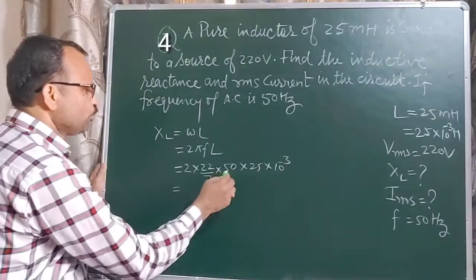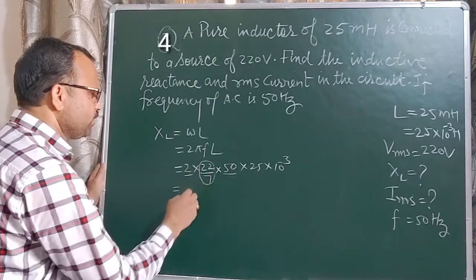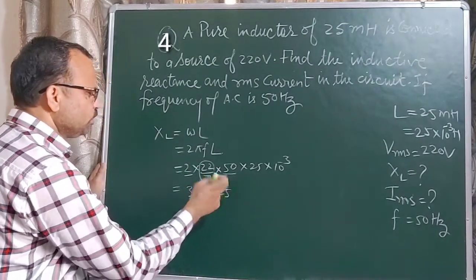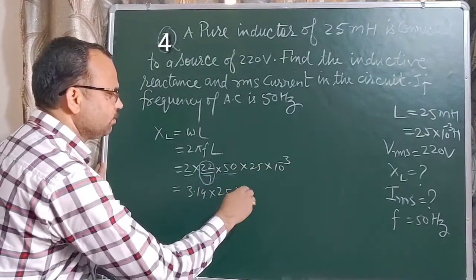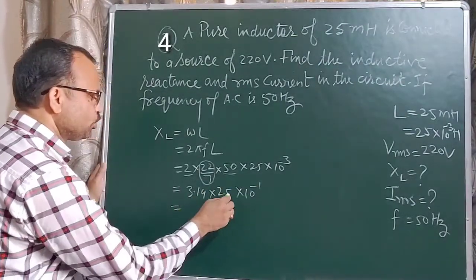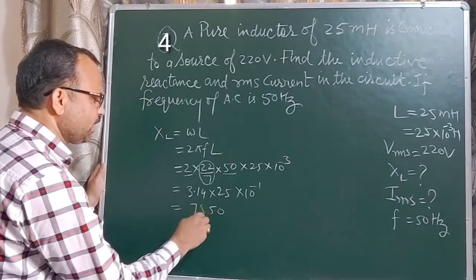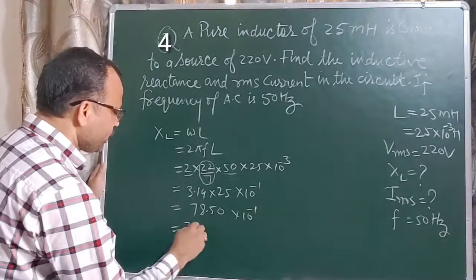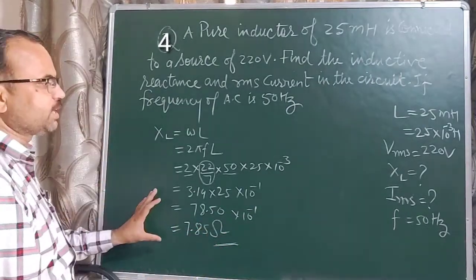So 2 into 50 is 100, and 22 by 7 is written as 3.14, into 25 into 10 to the power minus 3. Multiplying, we get 7.85 ohm. It is the value of inductive reactance.